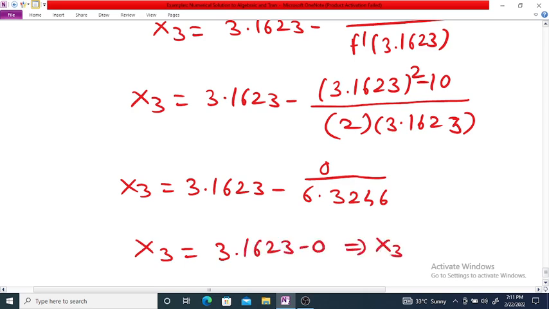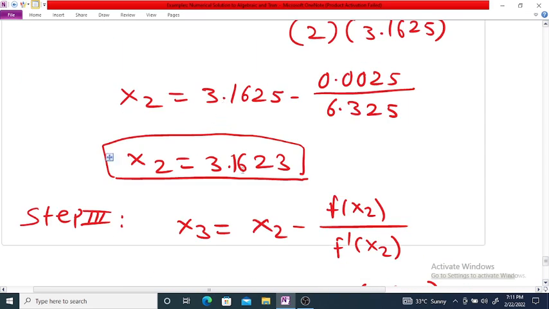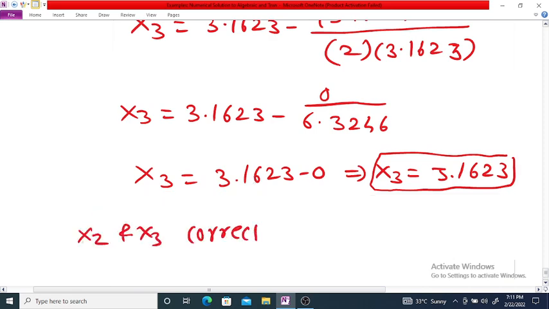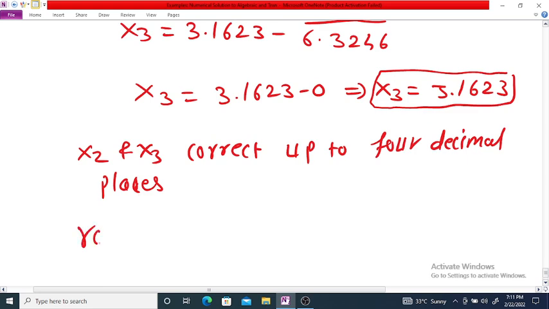So this implies x3 is equal to 3.1623. So this is the root of the given equation, x3. Now you can see here x2 and x3 are correct up to 4 decimal places, and therefore the root of the given equation is equal to 3.1623.